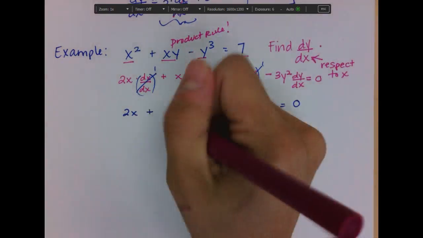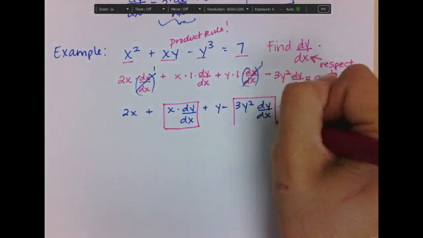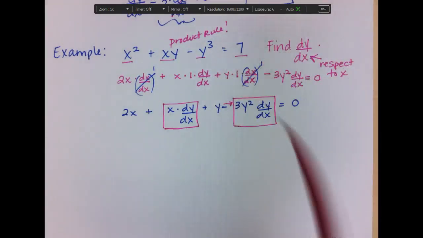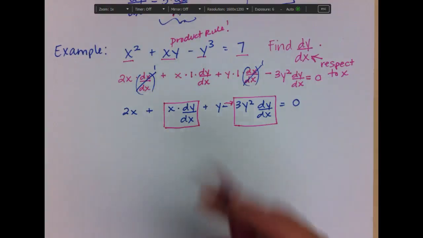And I want to isolate this term and this term, the one with the negative in it, which I missed, because they've got the dy/dx's in them. So I'm going to take the 2x and the y and move them over to the other side.